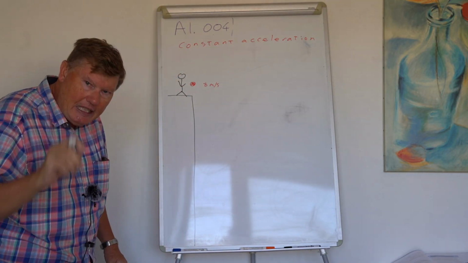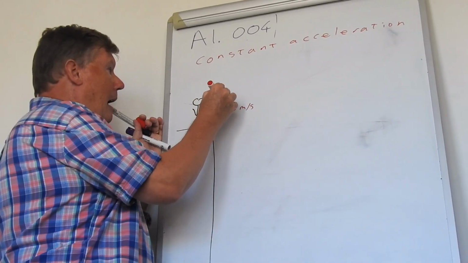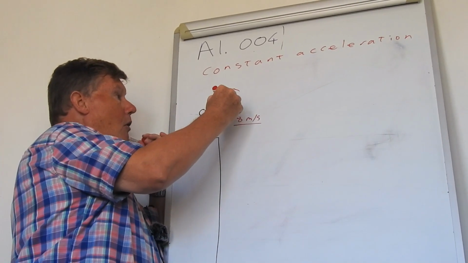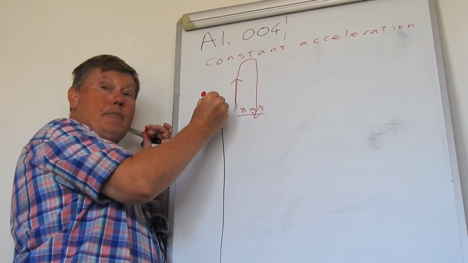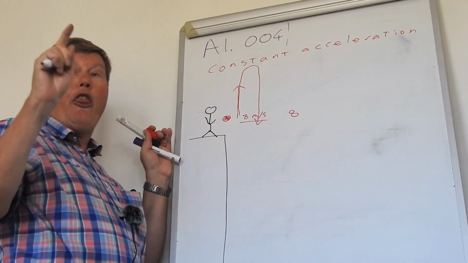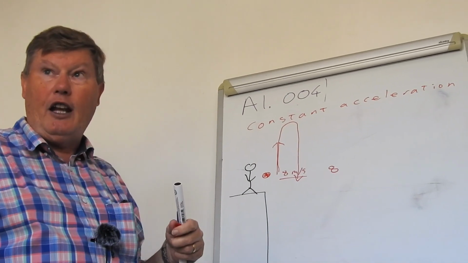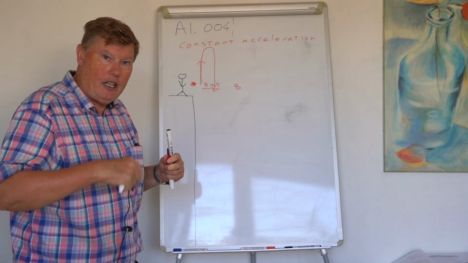What does this mean? It means that if I throw a ball up in the air at 8 meters per second, it will go up and come back down. And when it comes back down at the same point, it will be doing the same speed in an opposite direction, or if you like, the same value of velocity, but with the sign reversed.